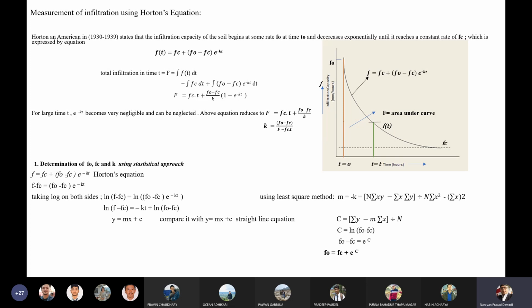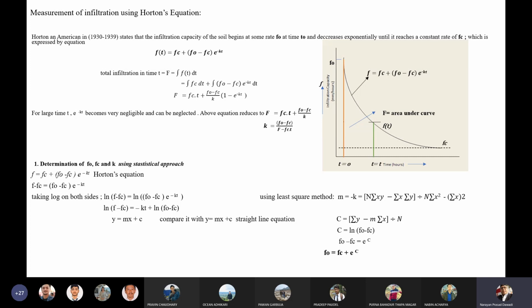After knowing c, ln(f0 - fc) is equal to c, so f0 - fc will be e^c. The c value is given by (Σy - m Σx) / n. After knowing this, if we have the rainfall data, then we can find f0 and fc.